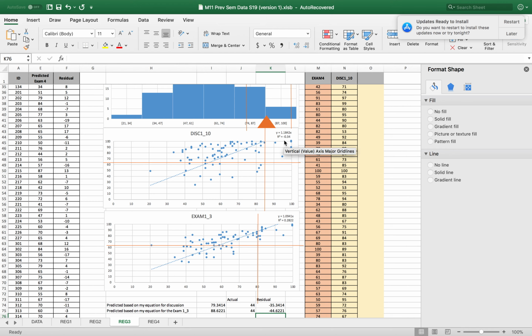And as you can see, this one has a negative, which we're not supposed to have. So the discussions have a very low regression prediction, meaning this isn't a very good line of fit. And this one is very low too. It's 0.2822, so really not close to 1. So this isn't the best line of fit for our data either.